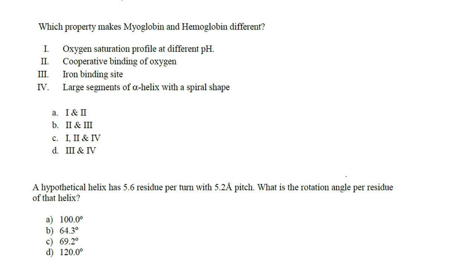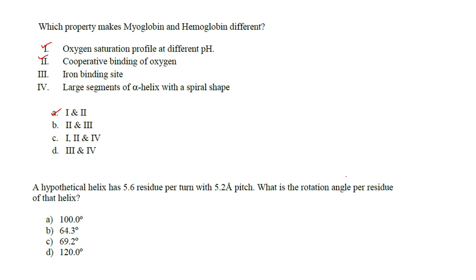That is not correct. Oxygen saturation profile at a different pH, this is right. Cooperative binding of oxygen, this is right. Iron binding site, this is not correct. This is also not correct. So 1 and 2. The section where we discussed myoglobin and hemoglobin is very important, and you can expect one question from over there.